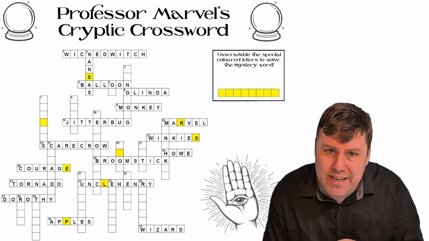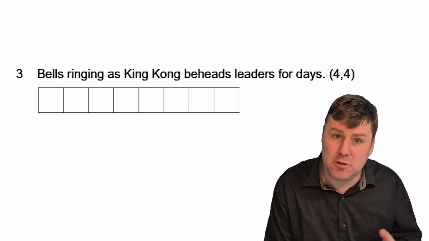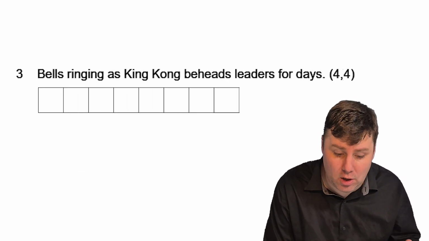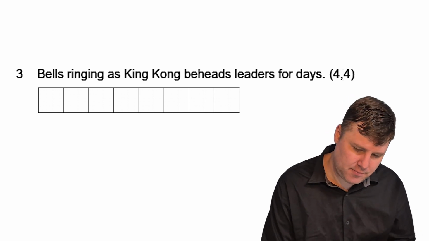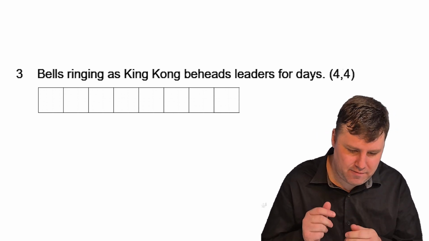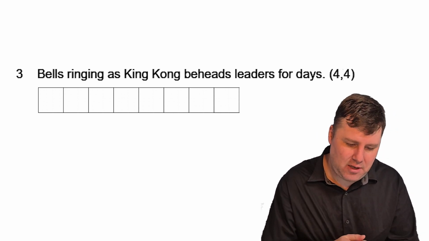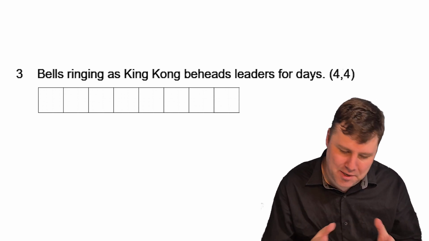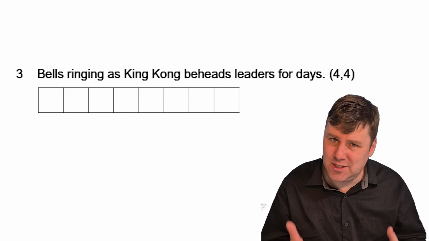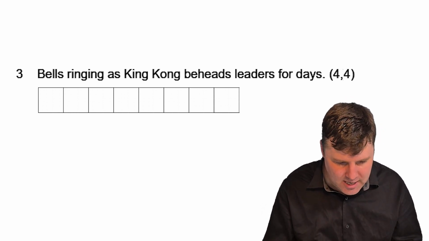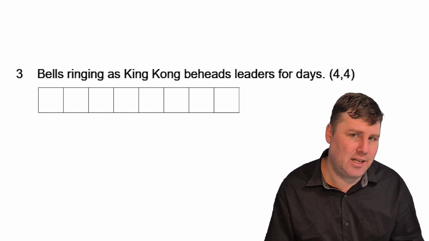All right, 3 down next is "bells ringing as King Kong beheads leaders for days." 4-4. So we know it's 2 words, 4 letters each. King Kong is standing out there in the middle. Bells ringing. So we know there's a bit of noise or onomatopoeia involved. King Kong beheads leaders.